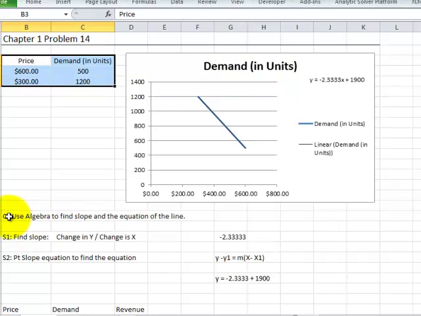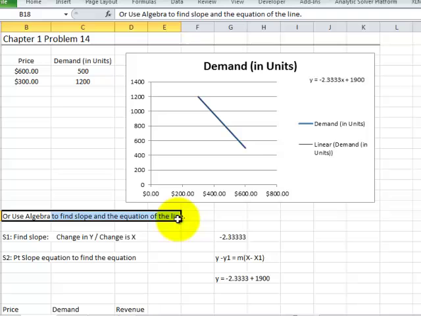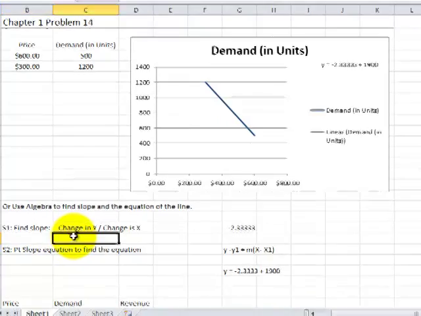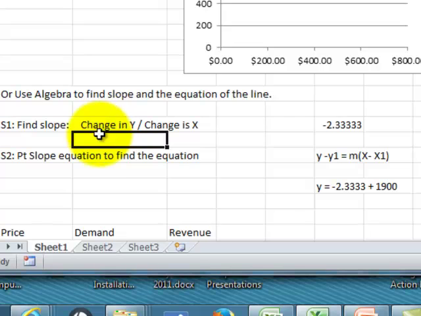Another way to do it is to use algebra, which is the way I think the book shows you both ways. But so you go back, you'd have to find the slope, which as you remember is change in y over change in x, which we calculate to be negative 2.33. Then if you remember the point slope formula, y minus y1 equals m, which is the slope, times x minus x1.